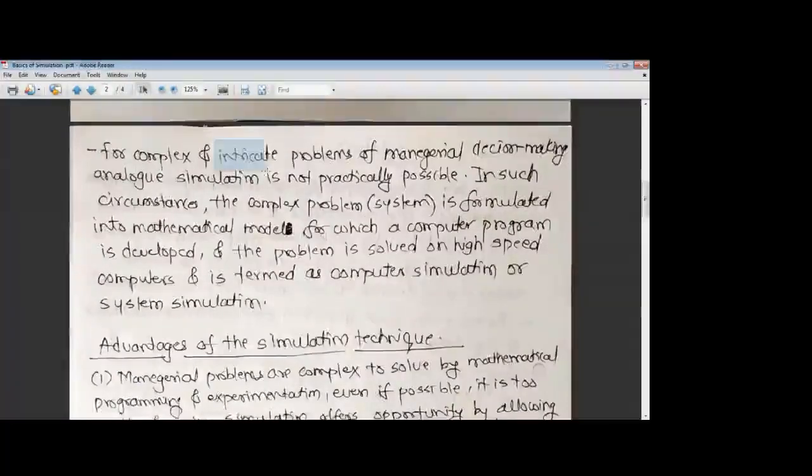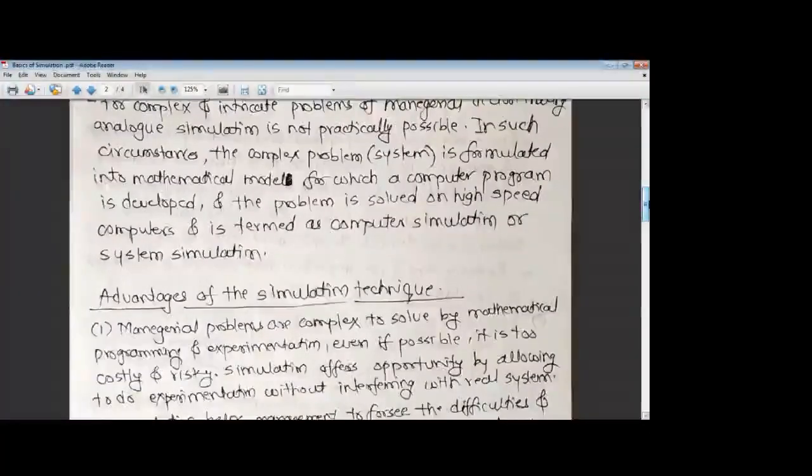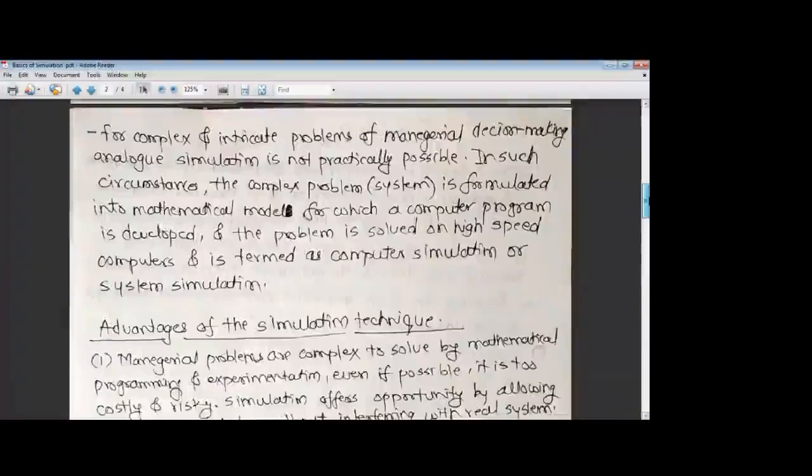Intricate means a problem which requires the finest amount of detailing. So these problems are of the sort of managerial decision making, and analog simulation is not helpful at that stage, right?